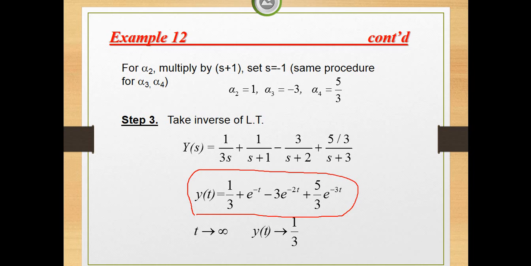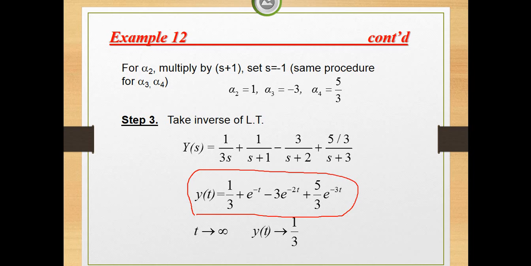In processes, it's referred to as the value after a very long time. Or we could call that the ultimate value or the final value. So if you substitute infinity here, the ultimate value is 1/3. So we say that's the ultimate value, or the final value, or the value after a very long time.